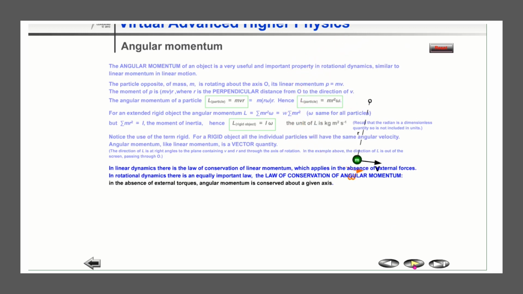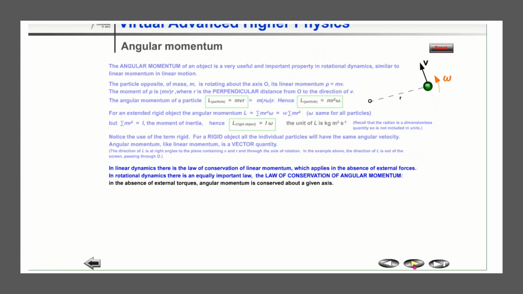In linear dynamics, you should be aware that there's a law of conservation of linear momentum, which applies in the absence of external forces. So we know that in the absence of external forces, total momentum before is equal to the total momentum after. There's something very similar in rotational dynamics.